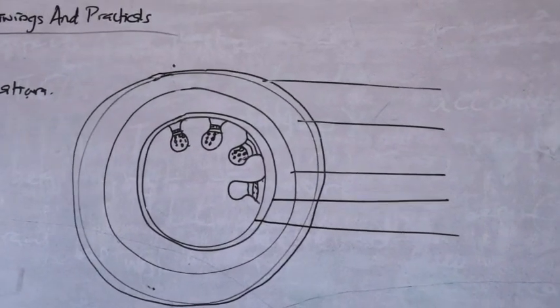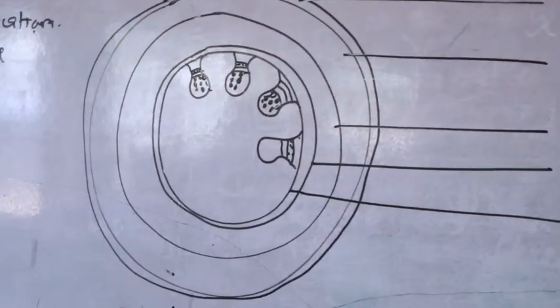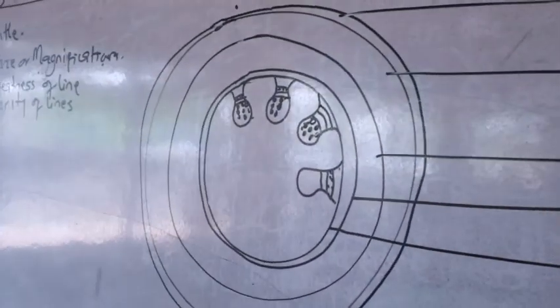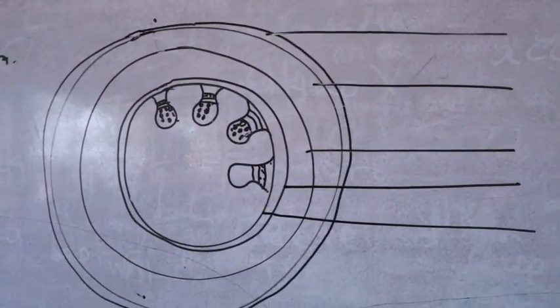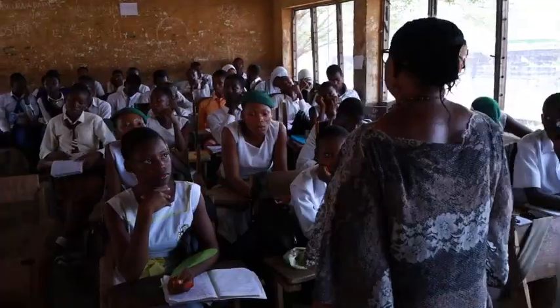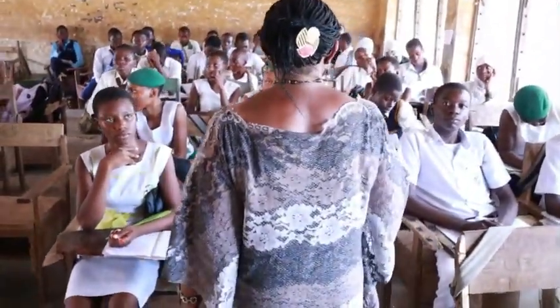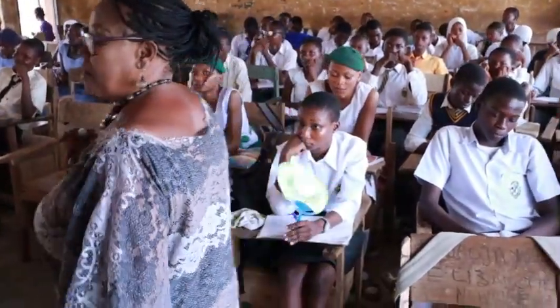And the cambium comes when there is secondary growth. In a young herbaceous plant, the cambium might not be there. But this one that is advanced, you will see the vascular cambium. They make up the vascular bundle.